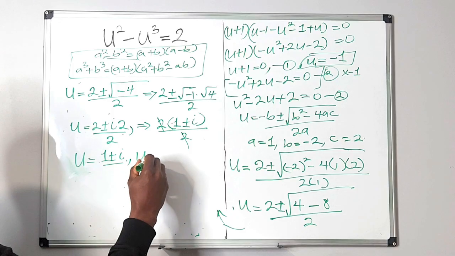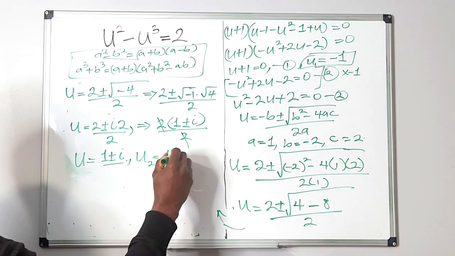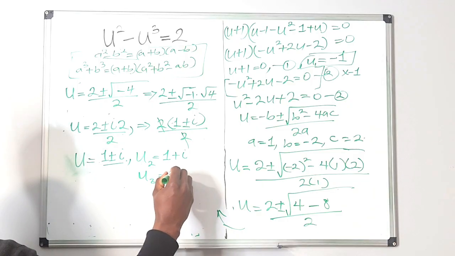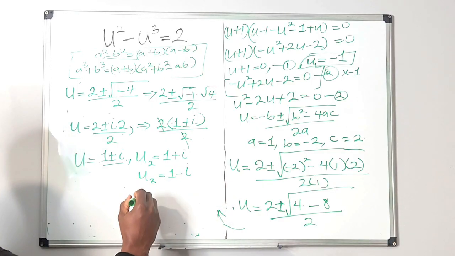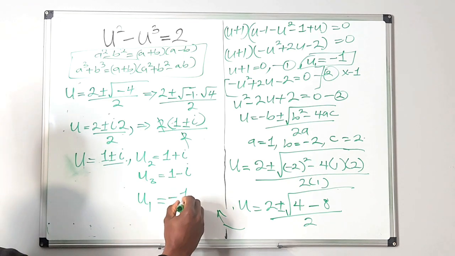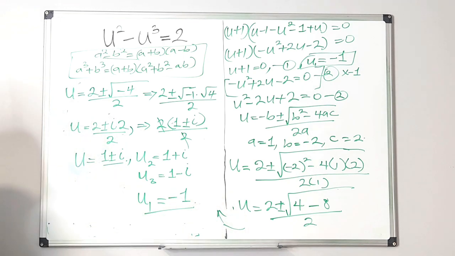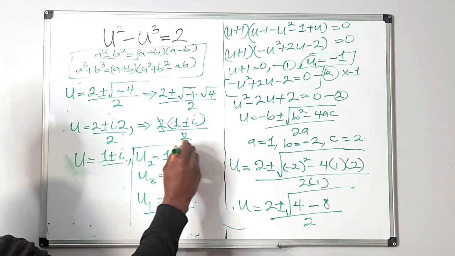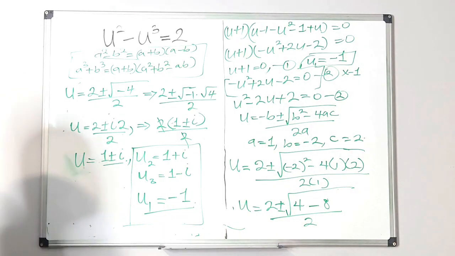So u2 is 1 plus i, u3 is 1 minus i, and then u1 is minus 1. Okay, so these are the 3 values of u that we found.